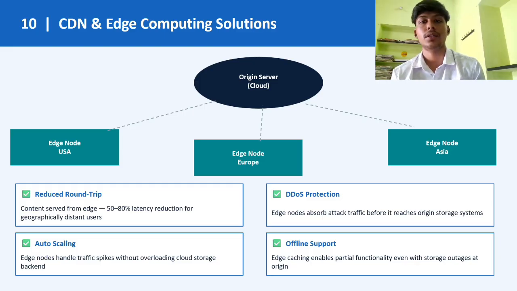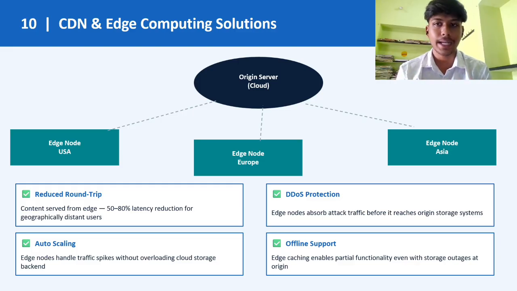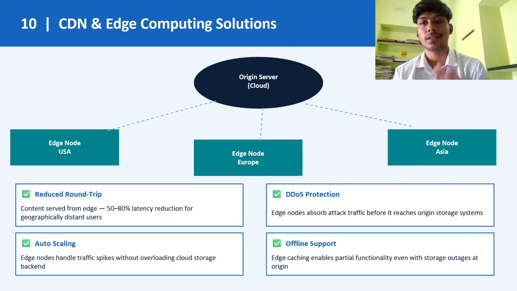Beyond speed, the edge network also provides DDoS protection. Attack traffic gets absorbed at the edge before it ever reaches your origin server and your storage system. They provide auto scaling: traffic spikes get distributed across edge nodes instead of hammering your main server. And they provide better availability.